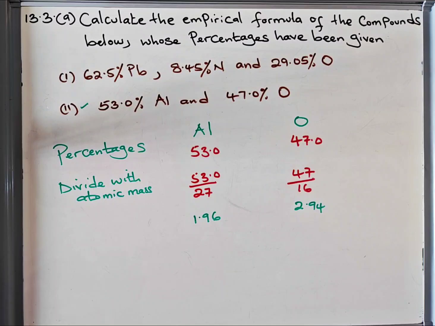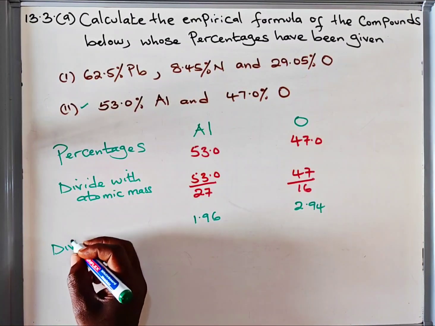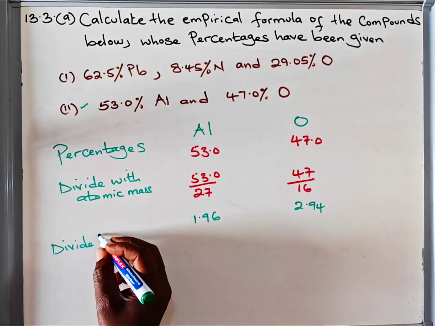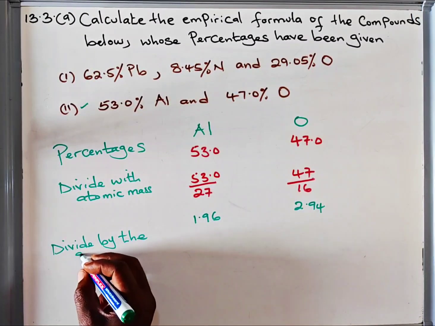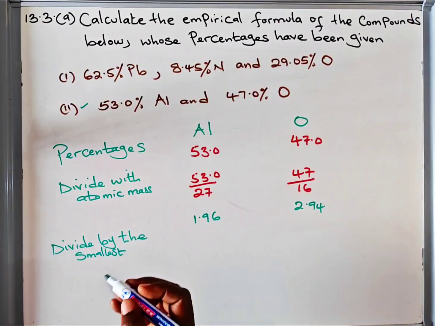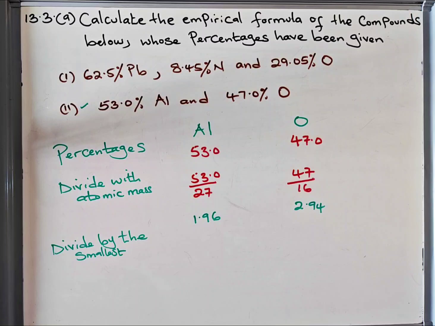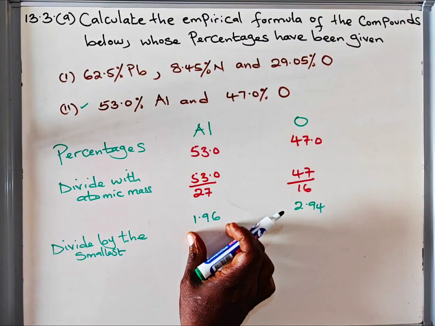So what is the next step? You divide by the smallest. And what is the smallest here? The smallest is 1.96.